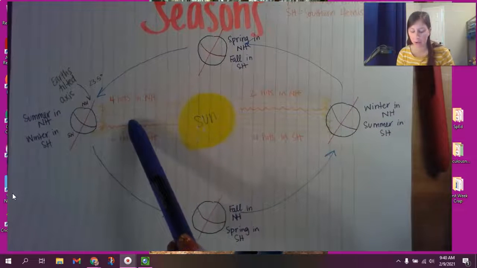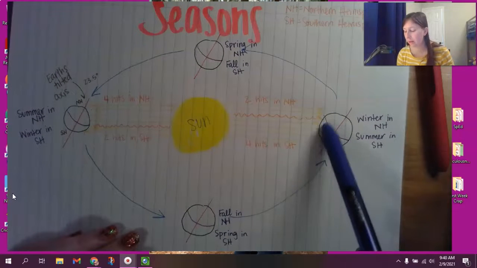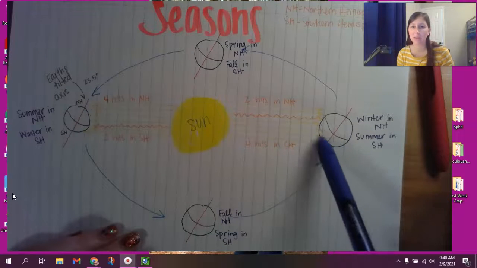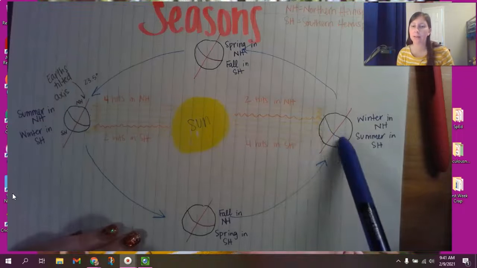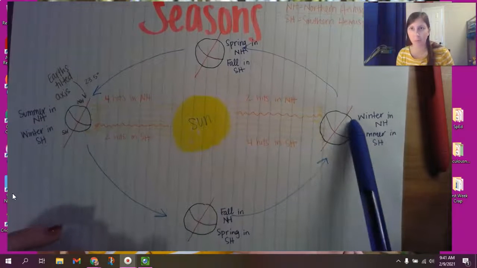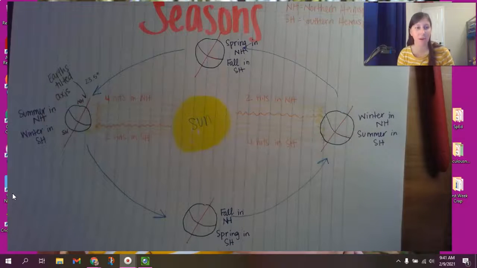This would be summer for us. Over here, this axis, or this southern hemisphere, is tilted toward the sun. It's facing the sun. And so that's why the southern hemisphere experiences summer while we have winter. We're tilted away from the sun.